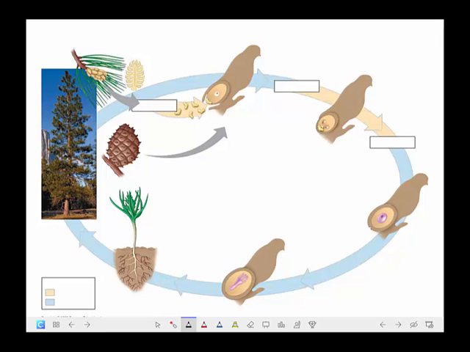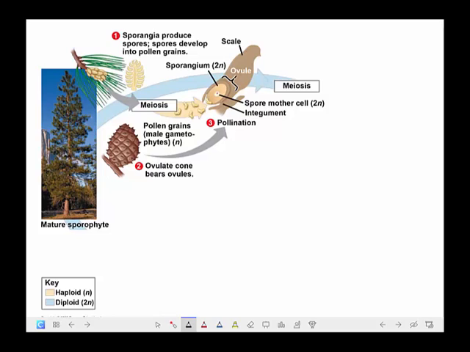So let's take a look at that exciting thing about pine reproduction. Here's a diagram that you have, we hope, to label. And what I'd like to do is show you these slides from a textbook that I should properly have cited. They look a little too detailed, but let's look at the essential features.